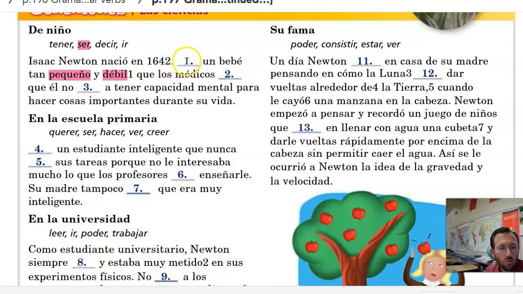Él era un bebé tan pequeño y débil que los médicos blank que no blank a tener capacidad mental para hacer cosas importantes durante su vida.